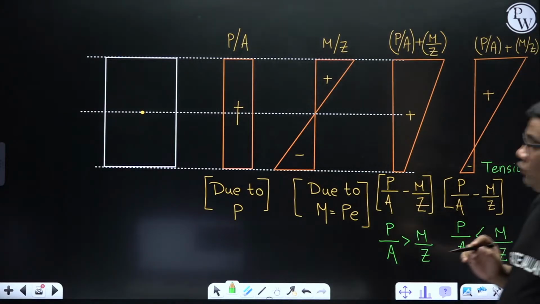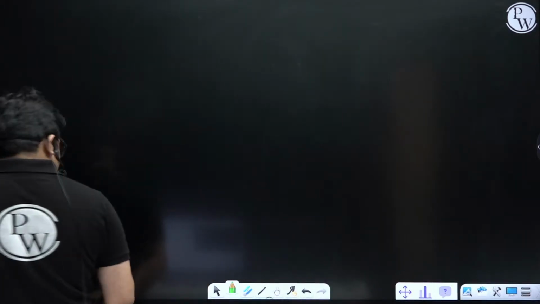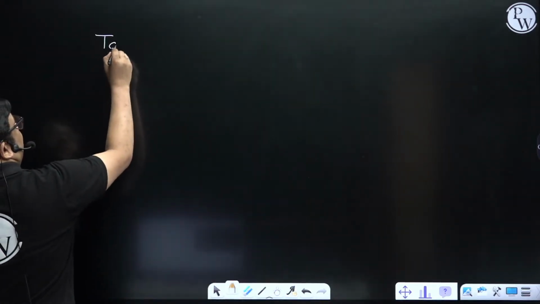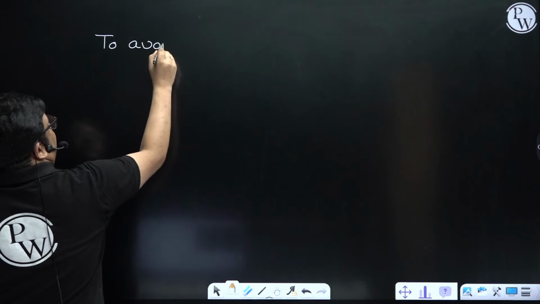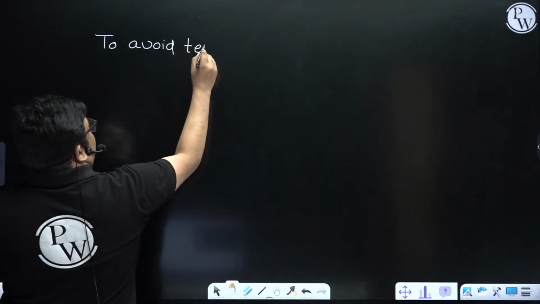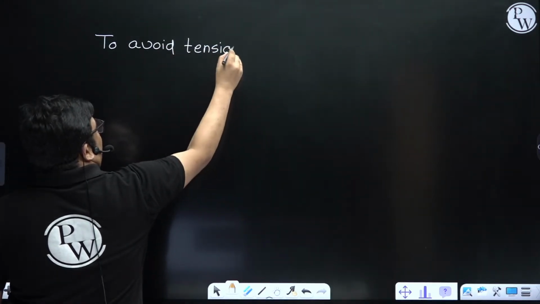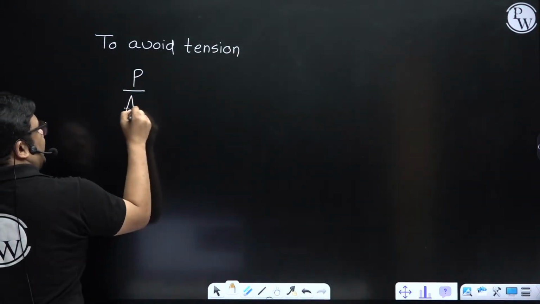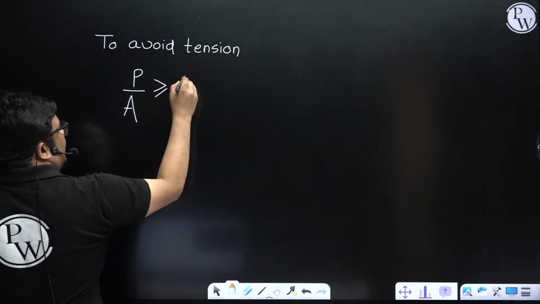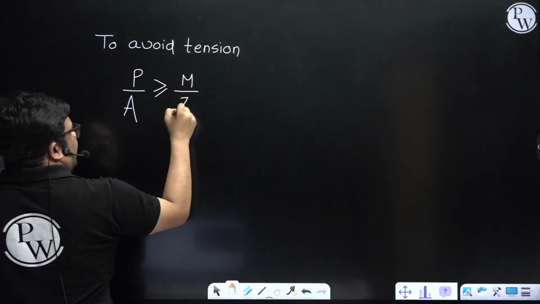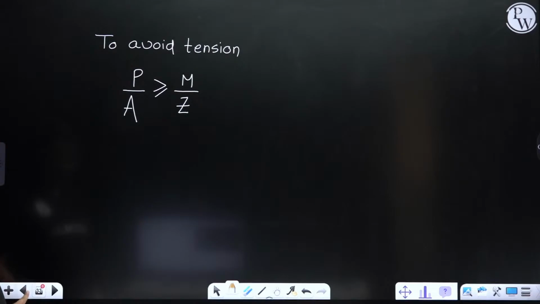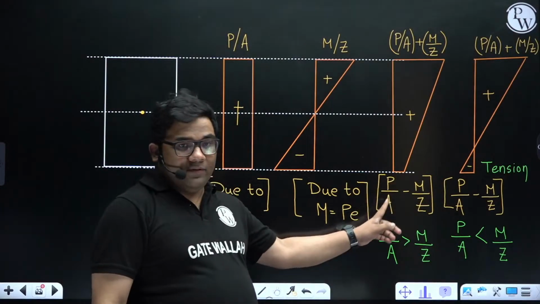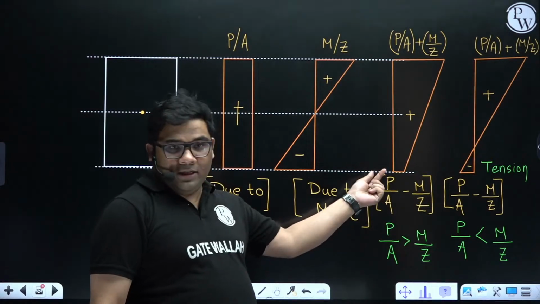So to avoid tension, which means no negative stress, P by A should be greater than or equal to M by Z. If P by A is greater, then I'll get compressive stress.